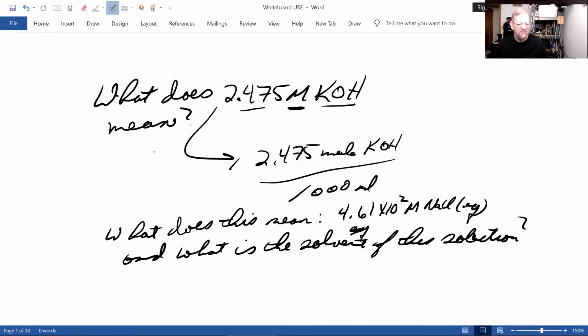Let me have you work on this one. What does 4.16 times 10 to the second, capital M, NaCl, bracket AQ, close bracket mean? And what is the solvent of the solution?